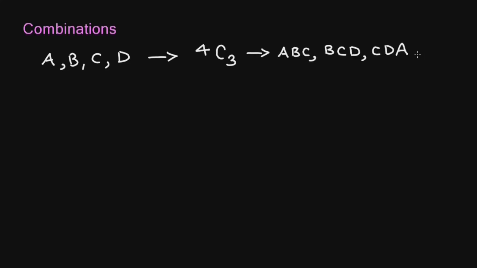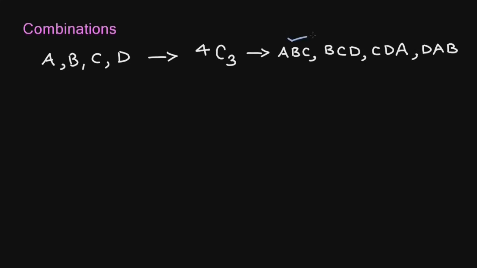In one more example, out of 4 different objects A, B, C and D, we have to make combinations of 3 objects out of these 4 objects. The physical combinations here will be ABC, BCD, CDA and DAB.